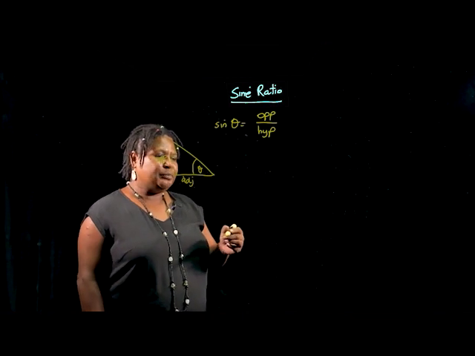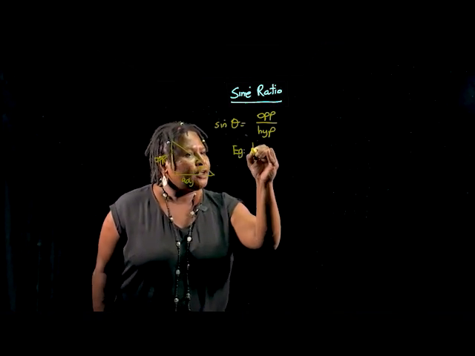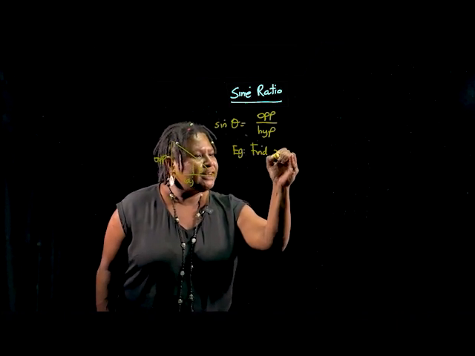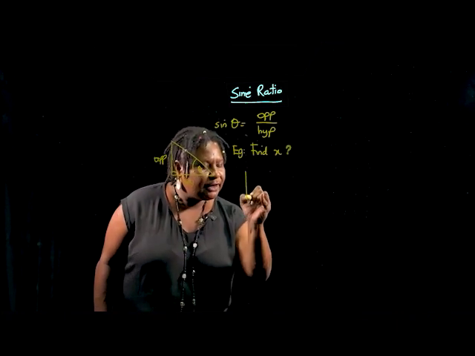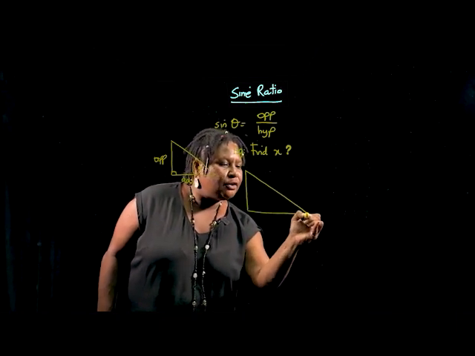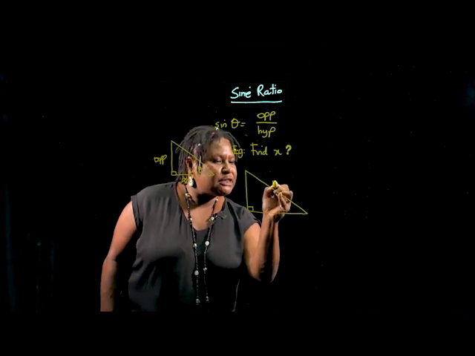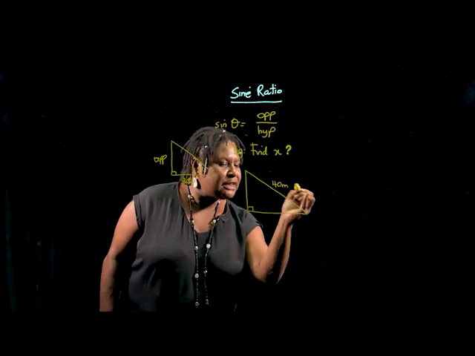Now example number 1, we are asked to find x. All right, so we have a right angle triangle. The hypotenuse measures 40 meters.